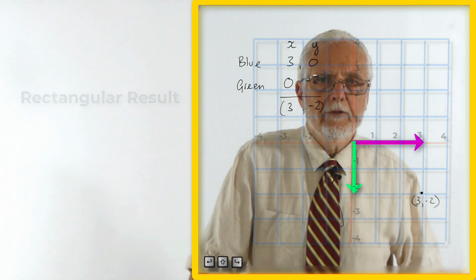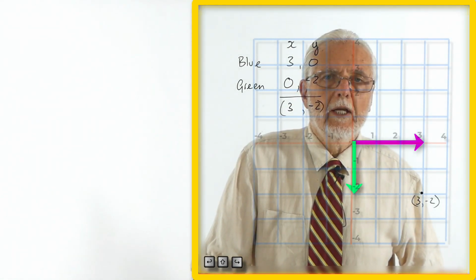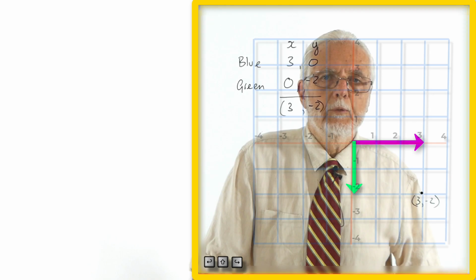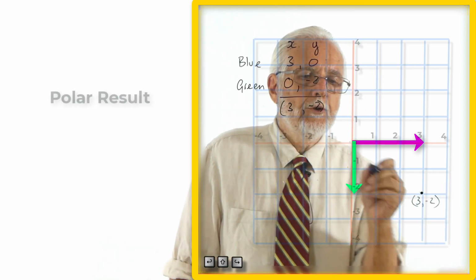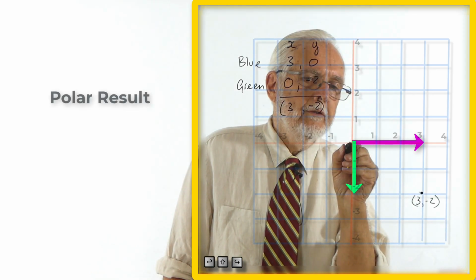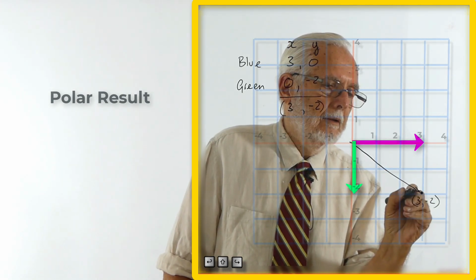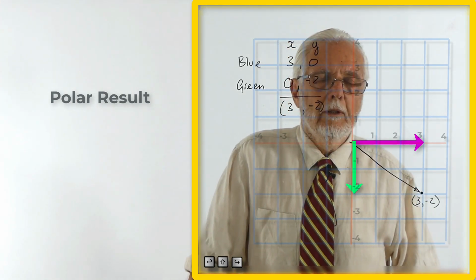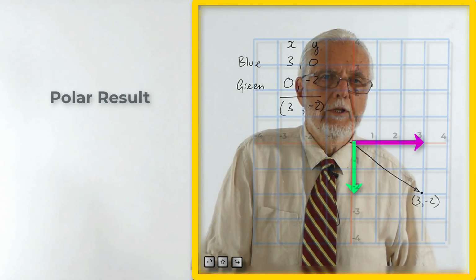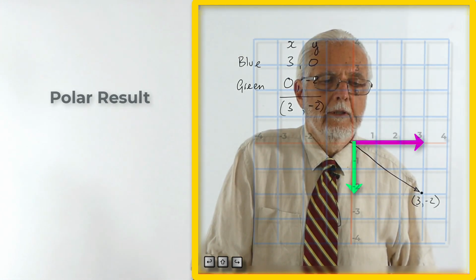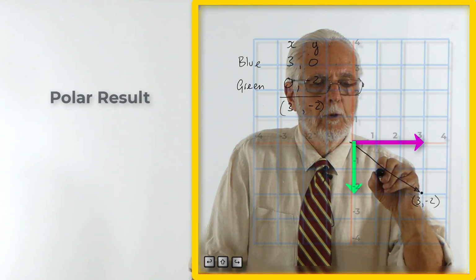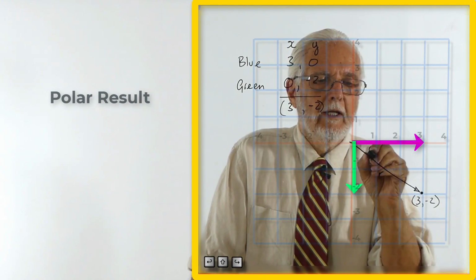Now there are two ways of representing a vector, rectangular and polar, and we get the polar result by joining the origin to the rectangular result. Now we need an angle between the positive x-axis and the vector itself, which we'll call r, and we'll call that angle theta.